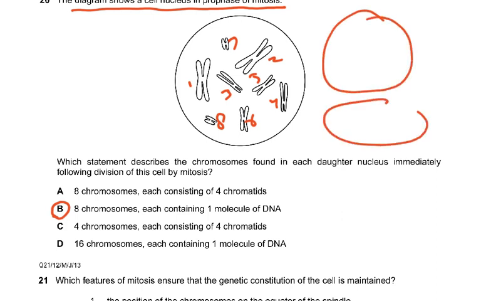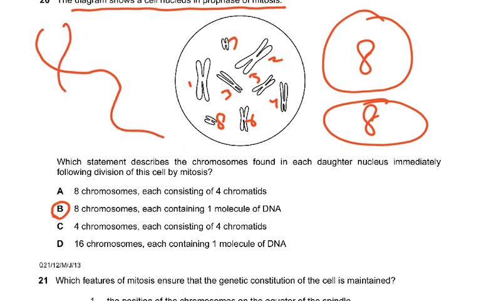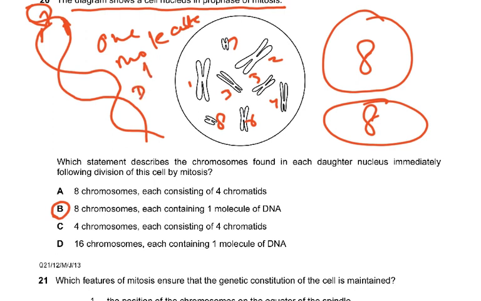When two cells form, there will be 8 in each. 8 chromosomes each, containing one molecule of DNA. So when you have this double helix, both of these strands together are one molecule of DNA. These are not two. This one and this one together twist around each other. So this is one molecule of DNA.